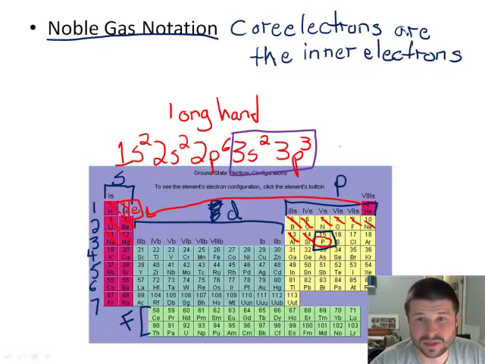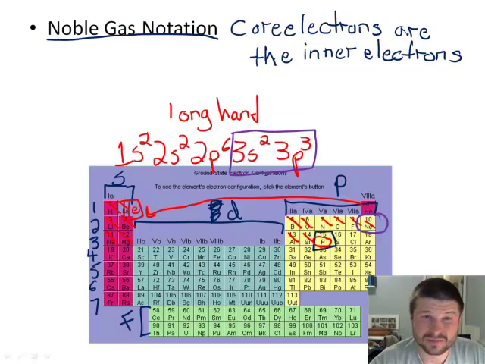I want to show just those, but I also want to show that I had the 1s2, the 2s2, and the 2p6 filled. So I want to use the noble gas that comes before phosphorus. The noble gas that comes before phosphorus would be neon. And if you count up, neon has 10 electrons.